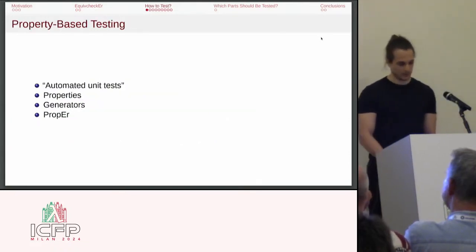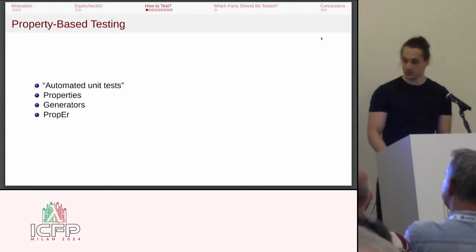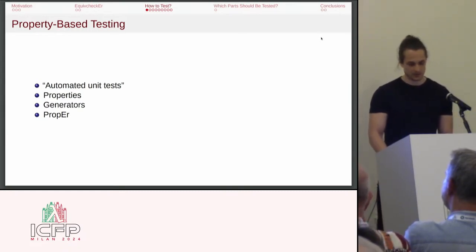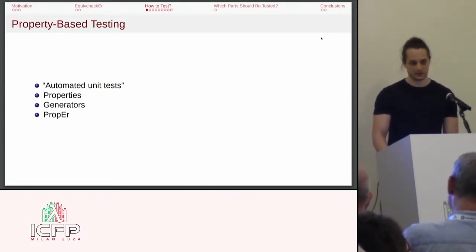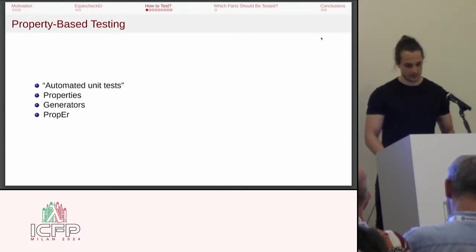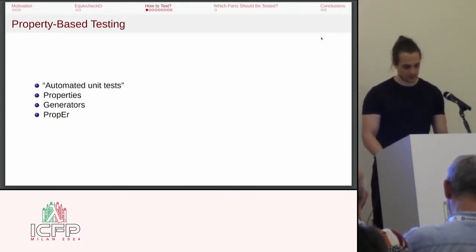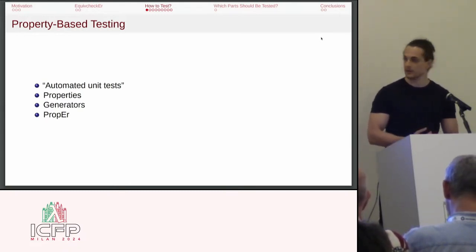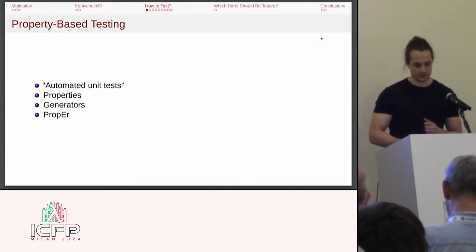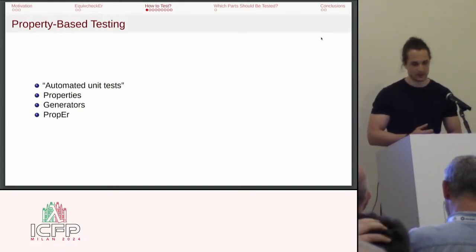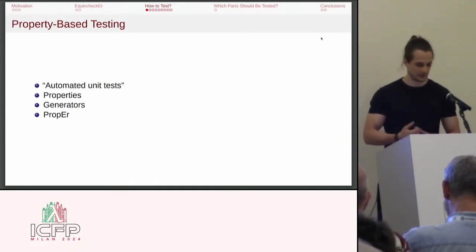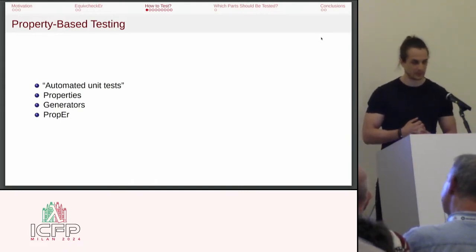So the main tool we used, or the main technique we used while implementing the tool is property-based testing, which basically can be thought of as automated unit tests. And the way in which these kind of frameworks or tools work is that you don't have to provide each test case manually. You just have to define some properties you want to hold in your code base, and the framework itself will take care of generating random input that it can test these properties with.